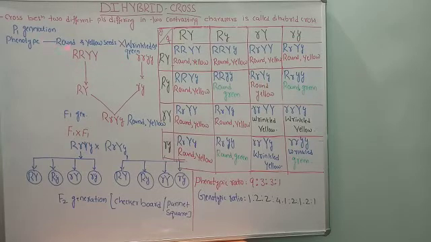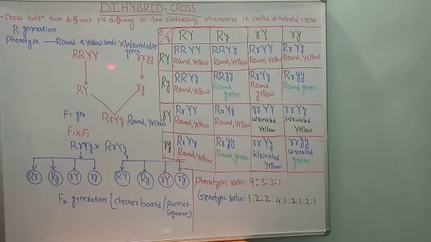Their phenotypes are round and yellow, and wrinkled and green. They are denoted by the genotypes: the round and yellow seeds are capital R, capital R, capital Y, capital Y, crossed with the wrinkled and green, having the genotype small r, small r, small y, small y. These are the genotypes of the parents.